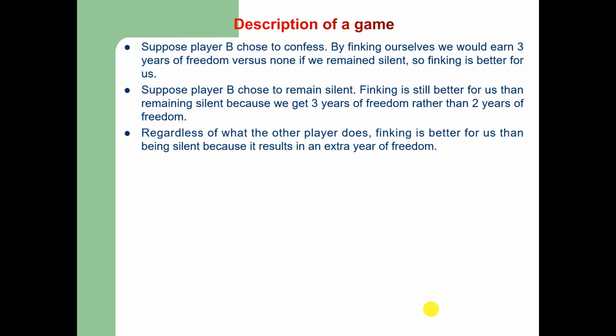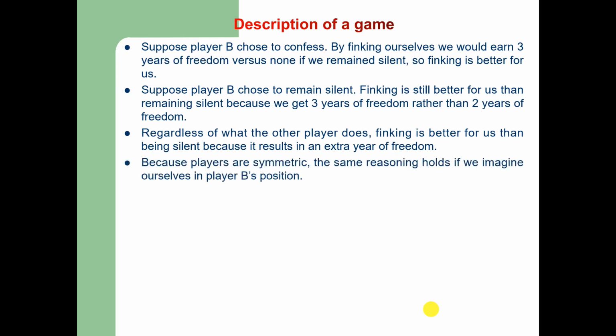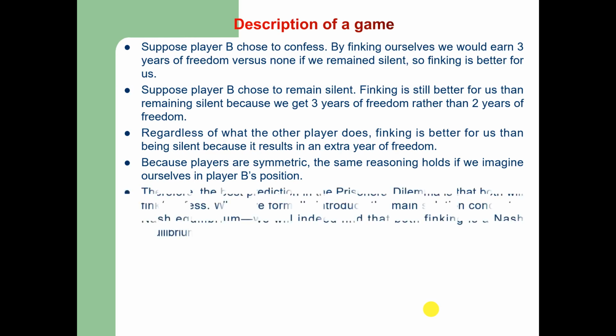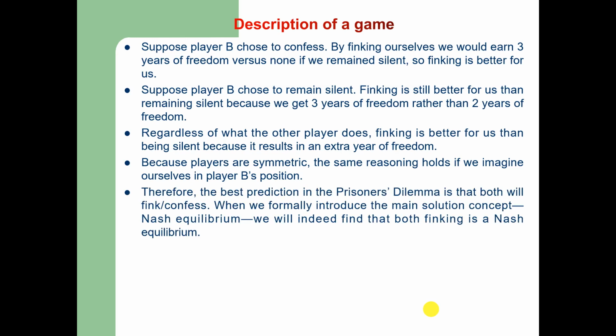But if we confess, then we get 3 years of freedom. Because players A and B are symmetric, the same reasoning also holds if we imagine ourselves in player B's position. Therefore, the best prediction in the prisoner's dilemma is that both will confess.